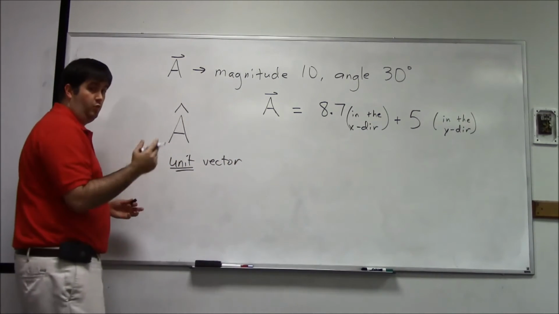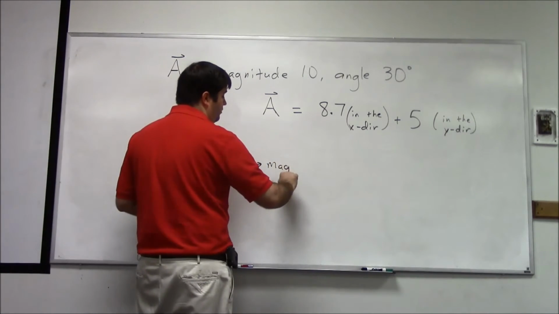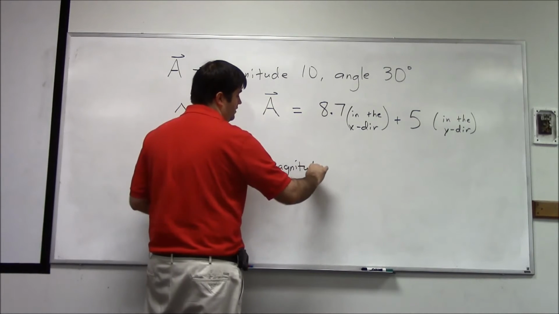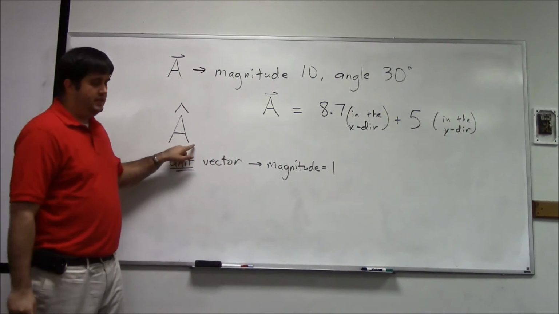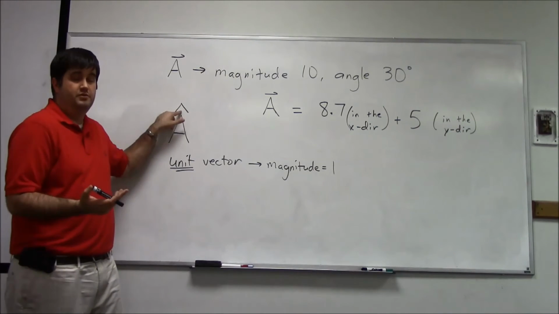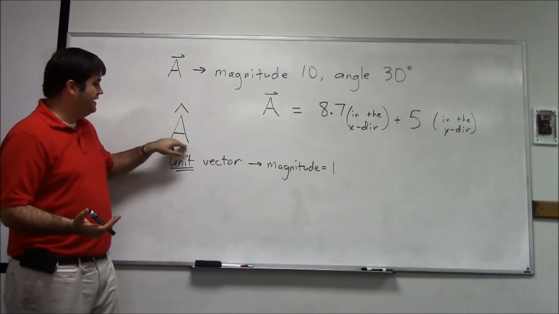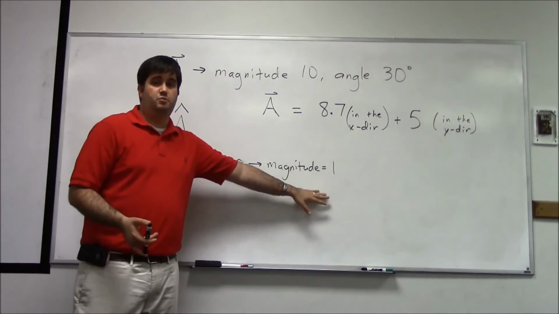Where unit means 1. So this is a vector whose magnitude is always equal to 1, but whose direction is in a particular direction. In this case, A hat, which is how you generally read this, is a vector that points in the direction of A, but whose magnitude is 1.